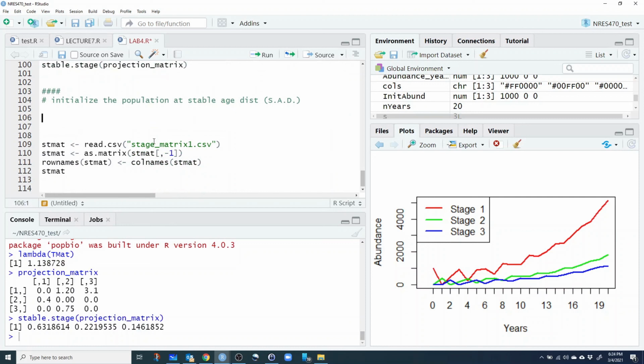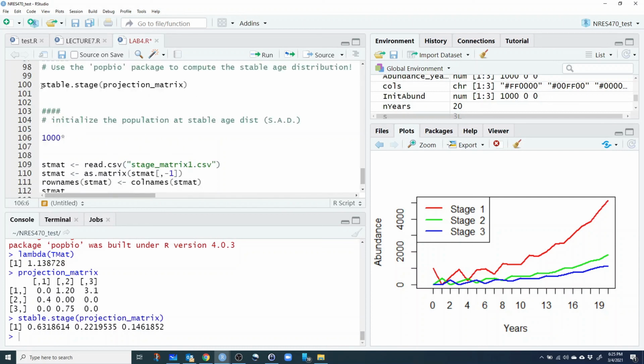Well, let's say we wanted an initial population size of say 1,000. But we want it to start off at stable age distribution. Instead of putting all the individuals to start off the population in stage 1, let's start all the individuals off in stable age distribution. So what we do is multiply that number by the stable age distribution, right?